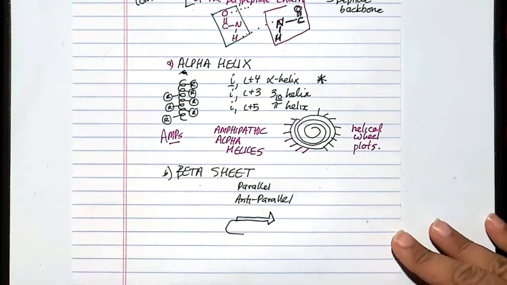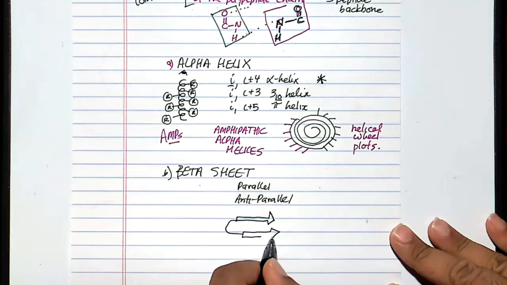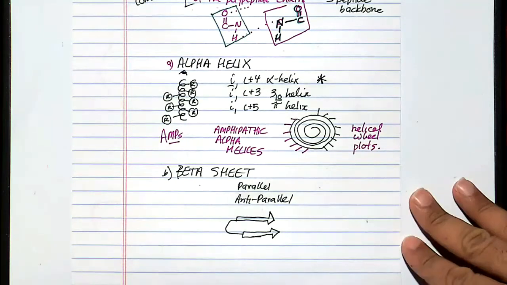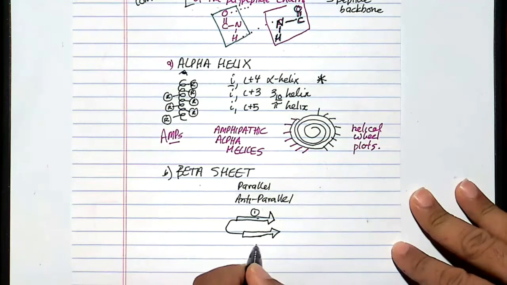So what I've drawn here is a parallel beta sheet. So one of these would be a beta strand. This is beta strand 1, this is beta strand 2.